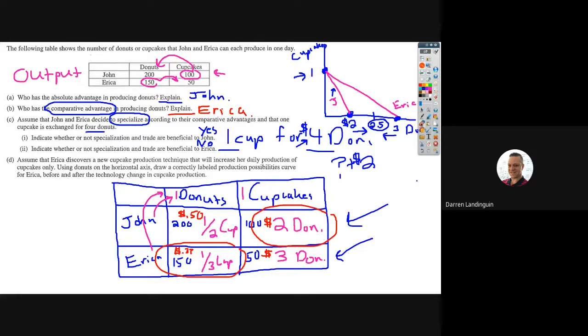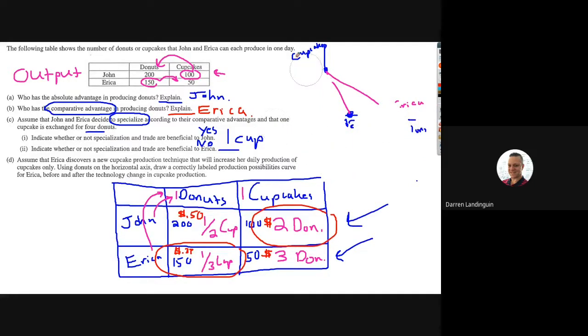All right, last part of the question, then we'll wrap it up. Any questions so far? All right. The last part of the question says, assume that Erica discovers a new cupcake production technique that will increase her daily production of cupcakes only, which means she's not getting better at what? Donut production.